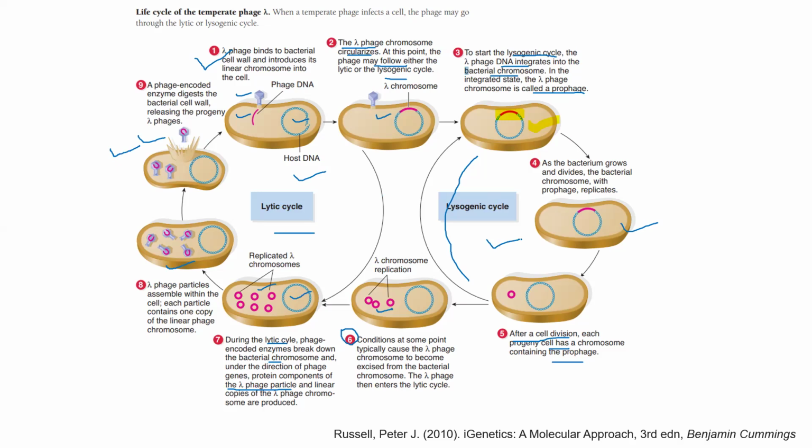So in this lecture, which was an introduction to bacteriophages, we have seen the structure of a typical bacteriophage. We have learned there are two types of bacteriophages, virulent and temperate. A virulent bacteriophage follows a lytic cycle.